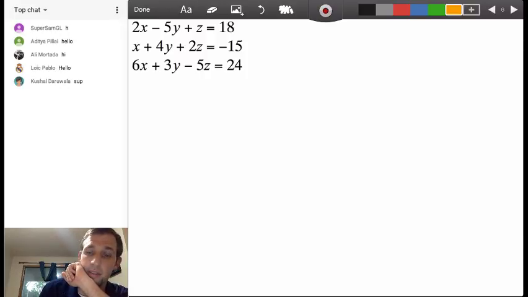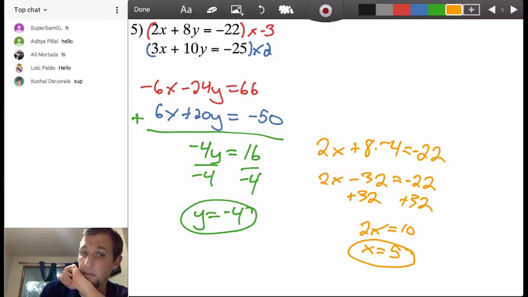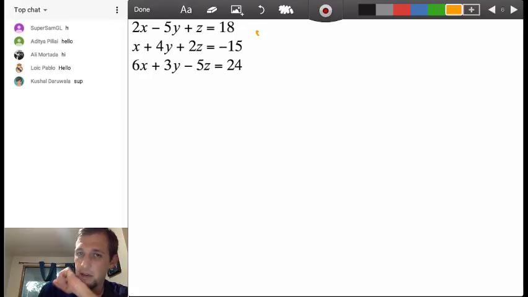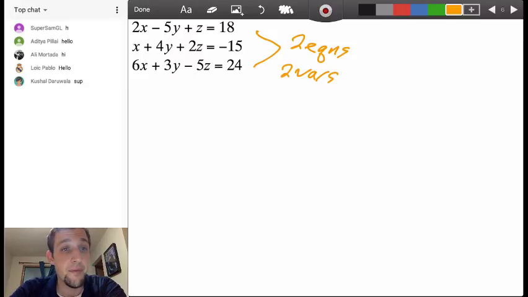We basically have 3 equations and 3 total variables, right? All we're trying to do is turn it into this. We're trying to get this basically down to 2 equations with only 2 variables. That's all we're trying to do, right? Because we know we can solve one of those, okay?